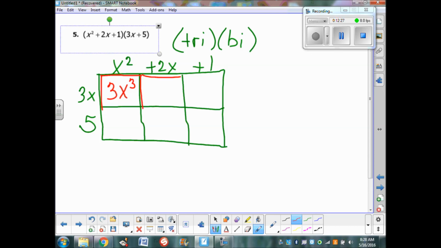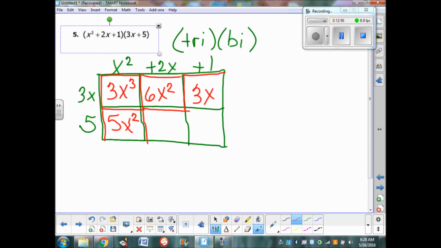Next box. 3x times 2x. There it is. 6x squared. Third box. 3x times 1. There. 3x. Now we're in the bottom row. 5 times x squared. 5x squared.